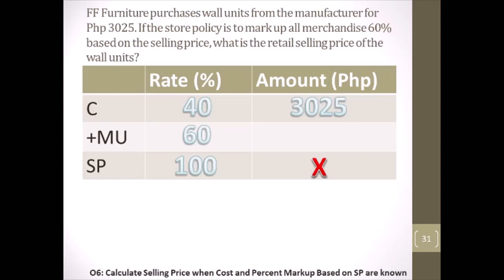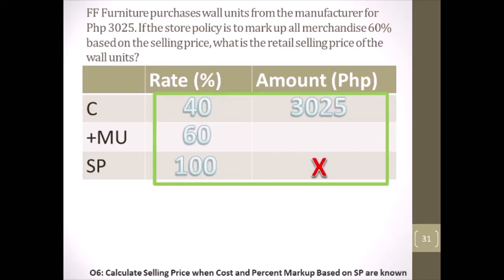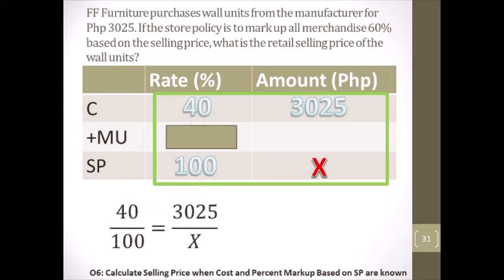Now, let's have the rectangle. It's a large rectangle, so we won't be using the 60 in our proportion. So we have this proportion, cross multiplication. The selling price of the wall units is 7,562.50. Your turn.